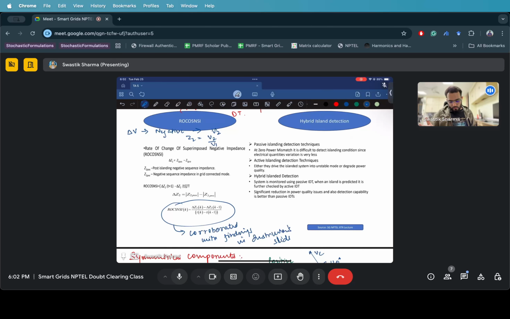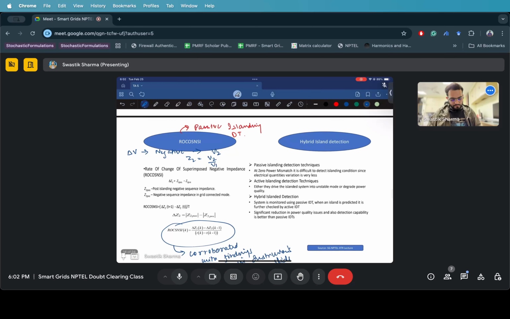So this is called ROCO SNSI, the superimposed negative sequence impedance index. This is one passive islanding technique that they have come up with in their research.